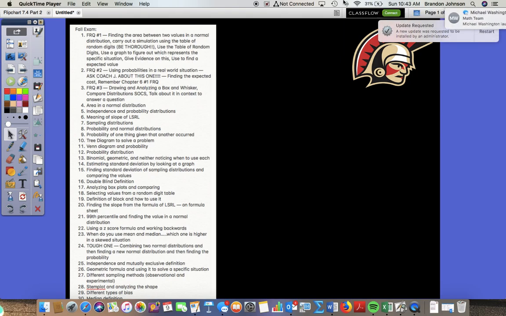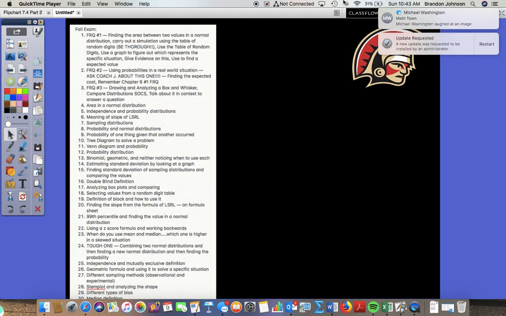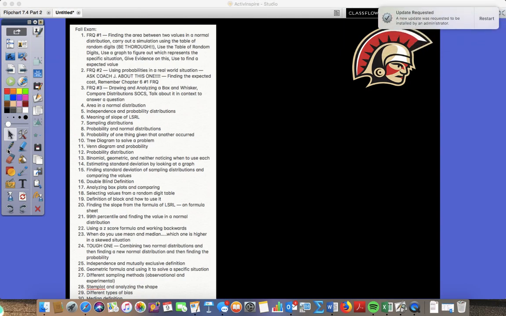As we start at the top, let's go over the different FRQs here. The first one is finding the area between two values in a normal distribution. Then the table of random digits, talking through that process.